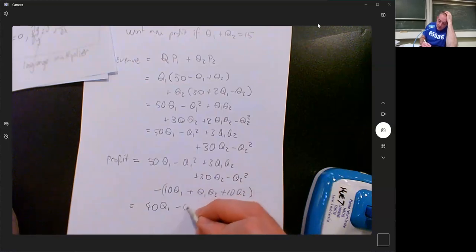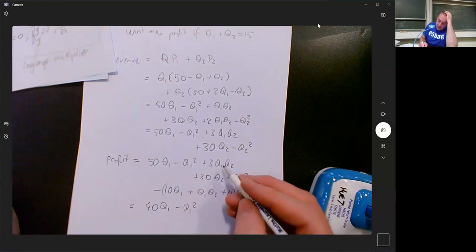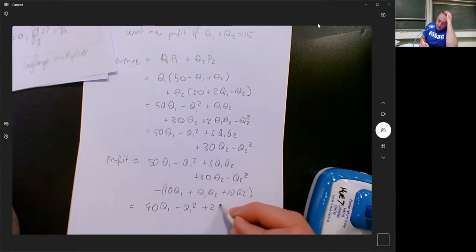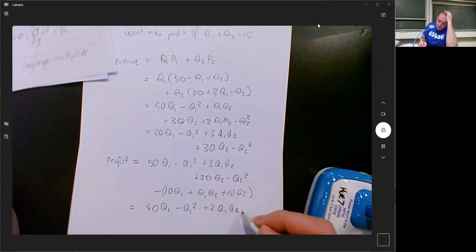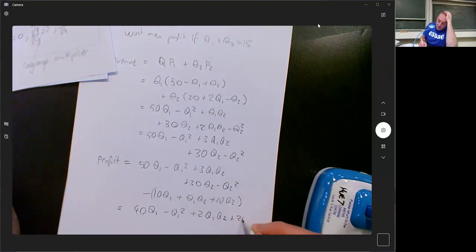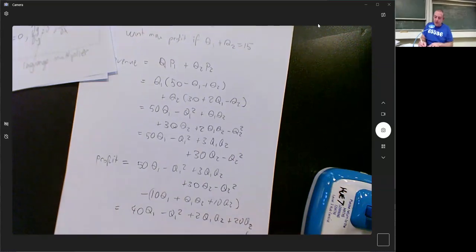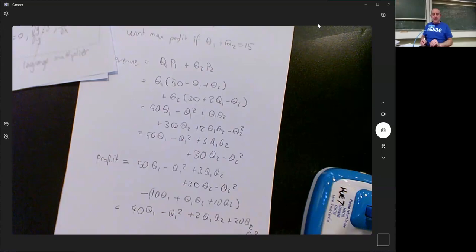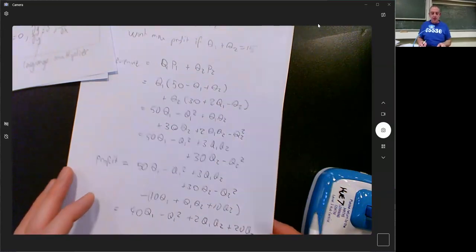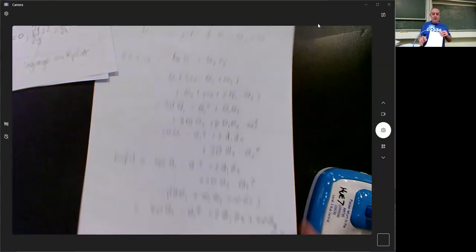The minus Q1 squared still there. The 3 Q1 Q2 minus 1 Q1 Q2 is now 2 Q1 Q2s. The 30 Q2 minus 10 Q2 is 20 Q2. And there's still at the end a minus Q2 squared. And that is what we have to maximize, subject to Q1 plus Q2 is 15.